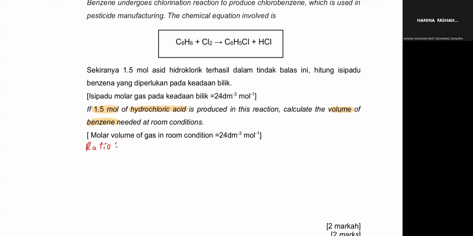Ratio means what? From equation, hydrochloric acid is 1, benzene is also 1. So ratio means 1 mole of HCl is produced by 1 mole of C6H6.